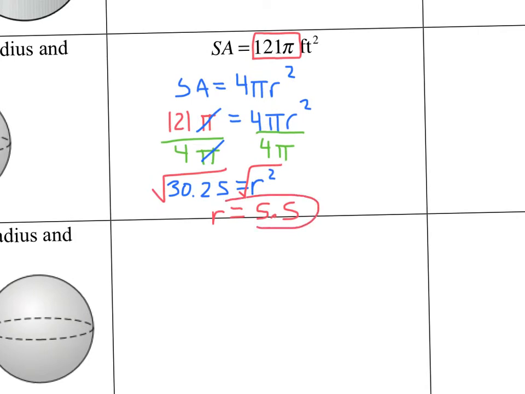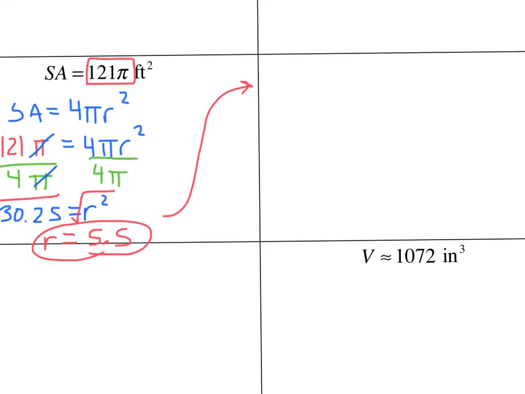So now I'm just going to take that radius and substitute into my volume formula over here. So volume of a sphere is 4/3 pi r cubed. 4/3 pi times parentheses 5.5 cubed.